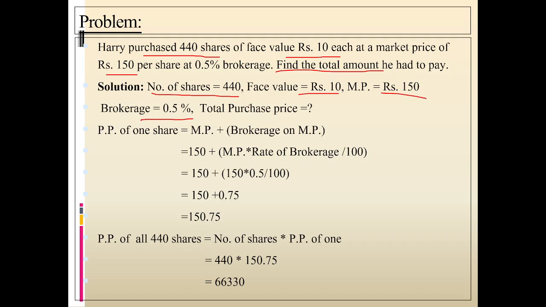We know that the purchase price of one share is nothing but market price plus brokerage. Here market price is 150 rupees and brokerage is market price into rate of brokerage upon 100. Using all values, we get the purchase price of one share, and the purchase price of all 440 shares is the purchase price of one share into number of shares. So with number of shares equal to 440 and purchase price of one share 150.75, we get the purchase price of all 440 shares.